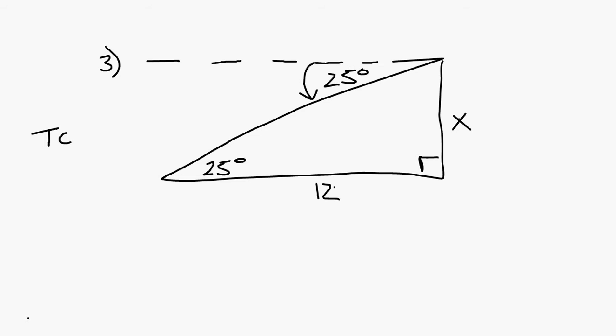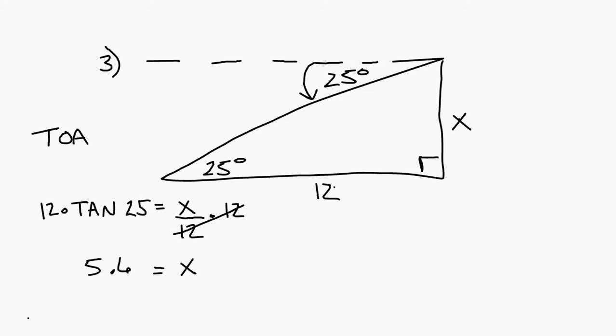And tangent equals opposite over adjacent. So tan 25 equals the opposite side over the adjacent side. So you can multiply both sides by 12. These 12s will cancel. And 12 times tan 25 equals 5.59. That would be 5.6 is equal to x.